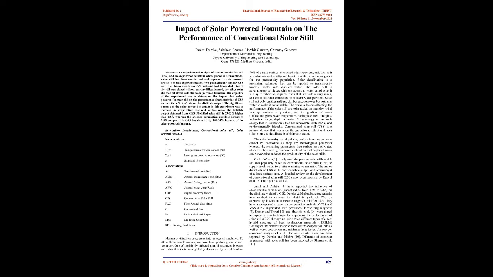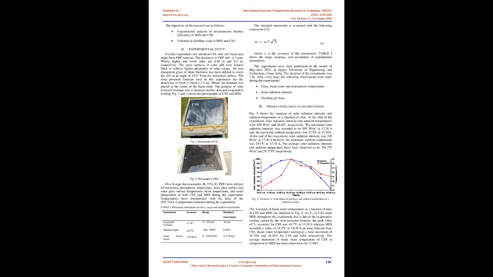Conventional solar still, CSS, is a passive device that works on the greenhouse effect and uses solar energy to desalinate brackish or salty water. The solar intensity, wind velocity, and ambient temperature cannot be controlled as they are meteorological parameters, whereas the remaining parameters, free surface area of water, absorber plate area, glass cover inclination and depth of water, can be varied to enhance the productivity of the solar stills.